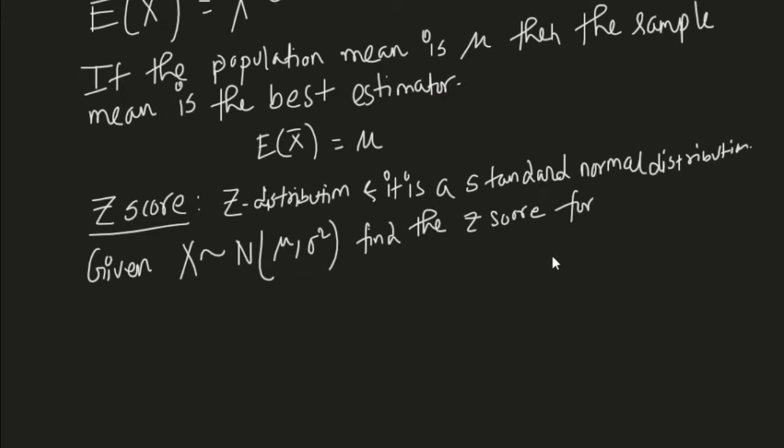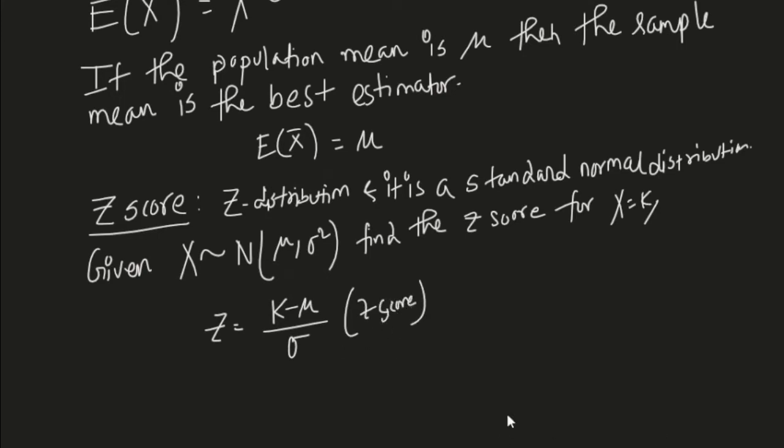If you are asked to find the z score for x equals k, then the z score for x equals k would be k minus mu by sigma. This is the z score.